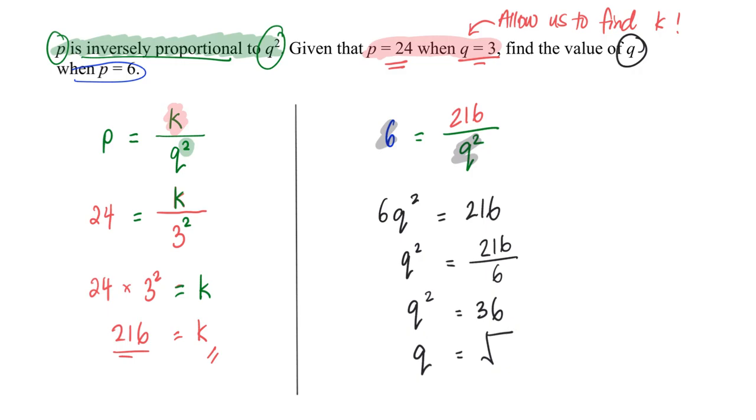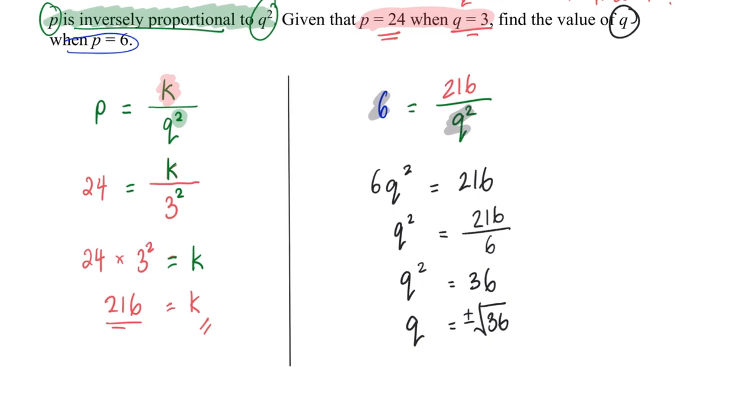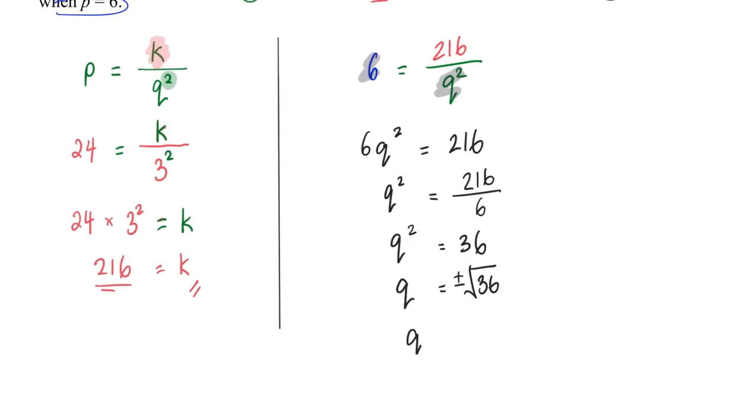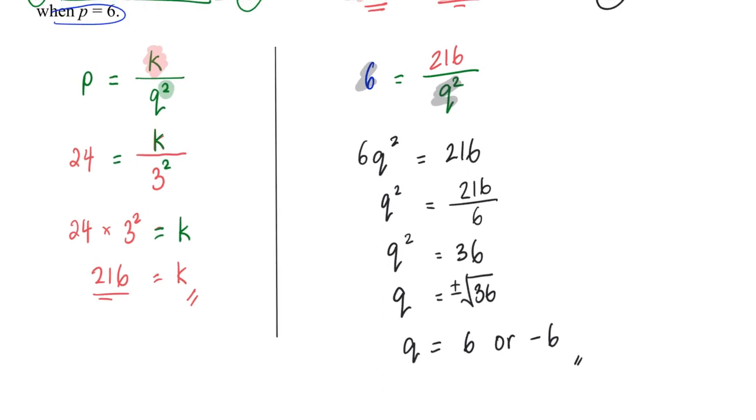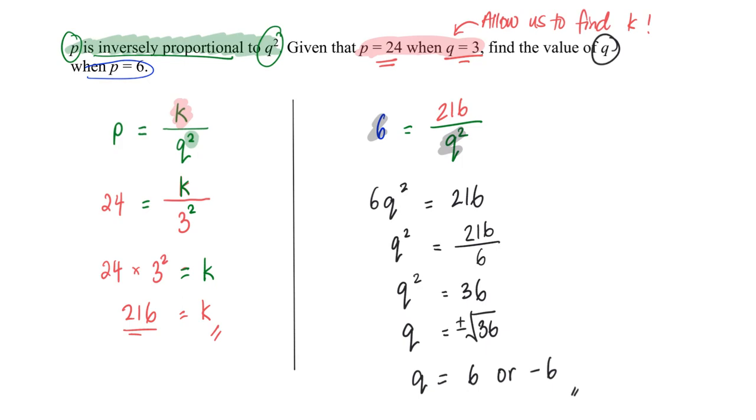And because we are not able to know for sure what is this value of 6, every time we square root, we do need to ensure that we have the positive and negative sign down there. So final answer, Q is equals to 6 or negative 6. And with that, we have come to the end of this problem solving.